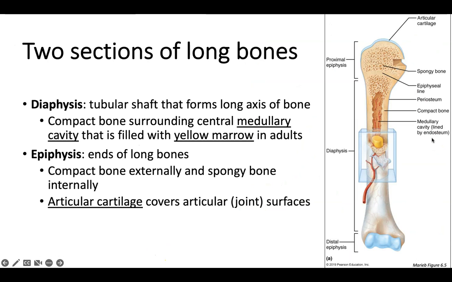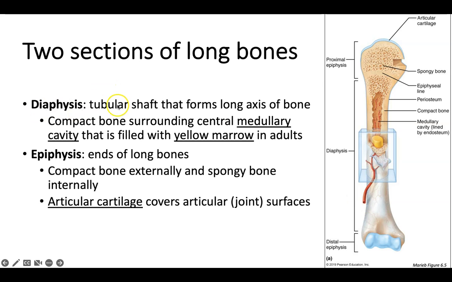So now let's take a look inside a bone and start looking at some of the gross structures of bone. So first let's look at a long bone. So here again we have a humerus, but you could just as easily look at, say, a femur or a tibia, ulna, etc. And you can see here it's broken into 2 major portions. We have the shaft, and this is the diaphysis.